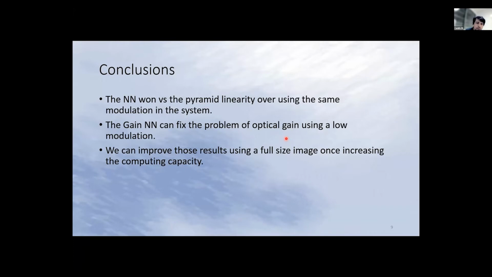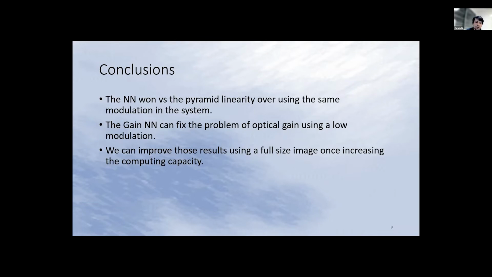And finally, for the conclusion, the neural network won over the pyramid's linearity using the same modulation in the system. So we have a better reconstruction, not more sensitivity, but more linearity when we have a very strong deformation in the system. And in the case of the gain, the neural network can fix the problem of the gain using a low modulation.